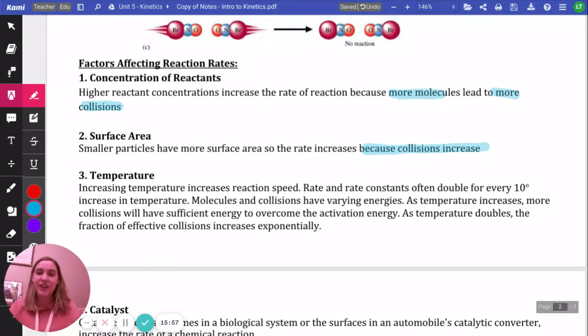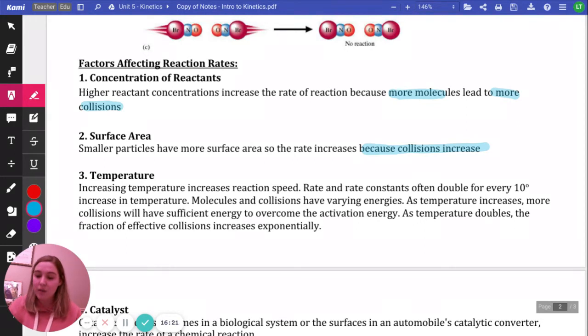Next is temperature. So increasing temperature is going to cause our particles to move more, which gives them more energy, which means they are more likely to have that sufficient energy in order for our reaction to take place. But beyond just having that sufficient energy, it also means that our molecules are moving faster, so they're again going to be more likely to have those collisions.